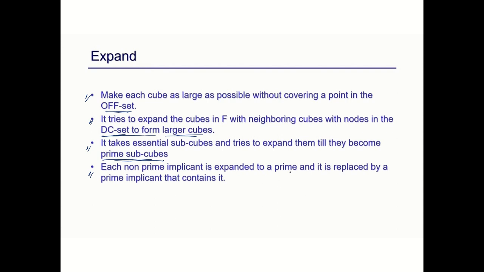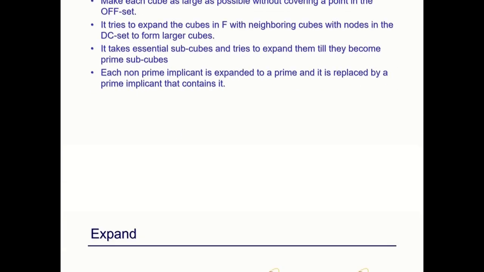It is expanded until it reaches a prime, and it is replaced by a prime implicant that contains it. So within this, we just need to find the different prime implicants, and we will take only those prime implicants.